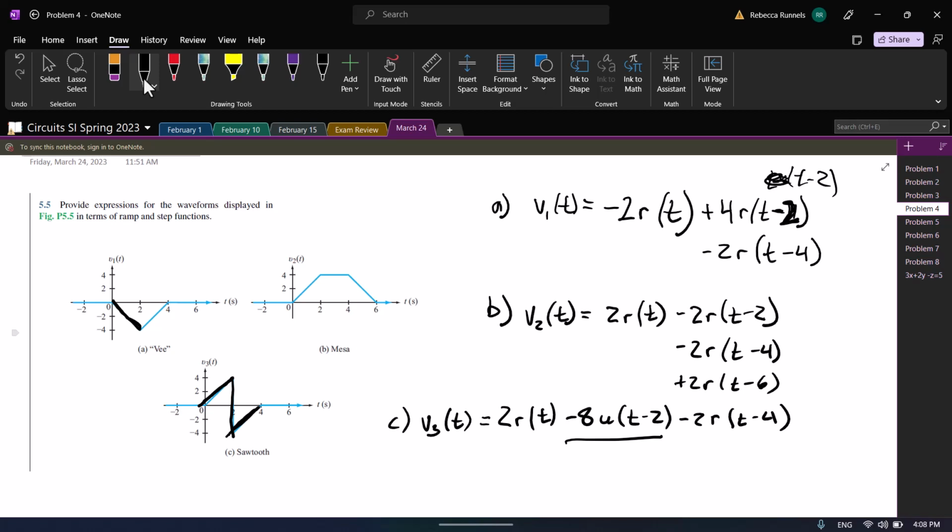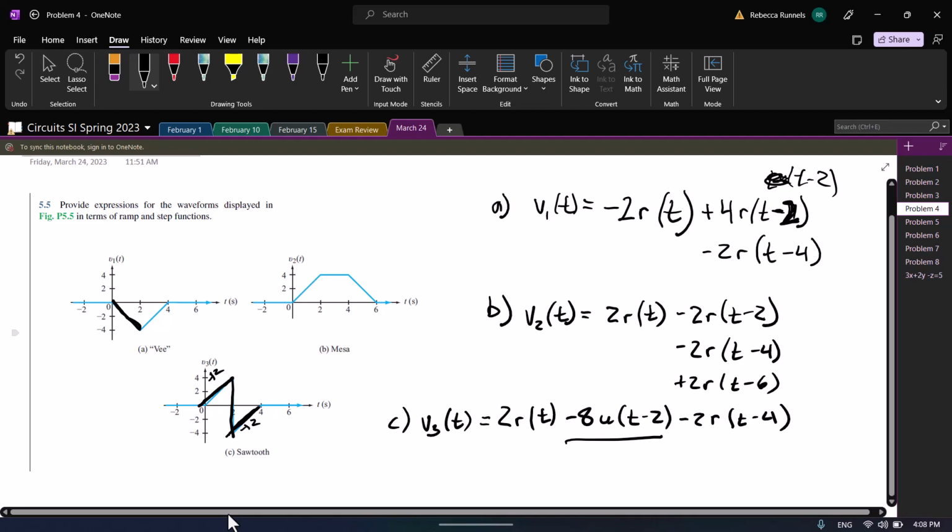Like on B, when we had 2 and then it leveled off, we subtracted 2. I never changed a ramp function here. I never changed the slope. The step function is not a slope function. So R and U are different. I know the step function is not changing the slope. So this is plus 2 slope, this is plus 2 slope. Oh, I am at the wrong part.